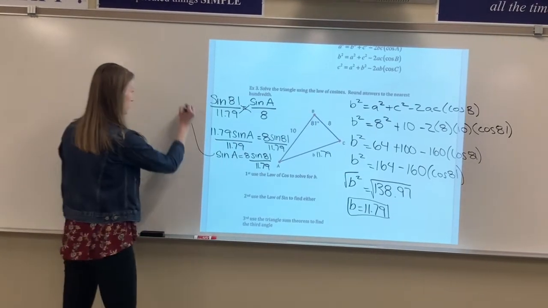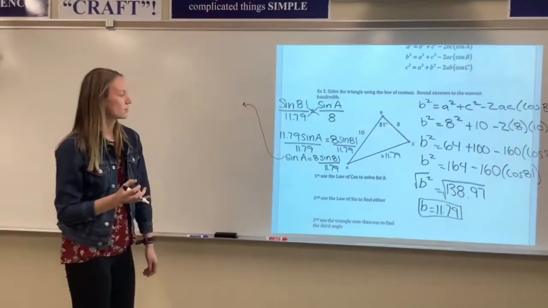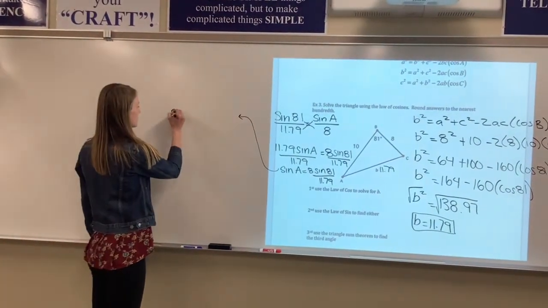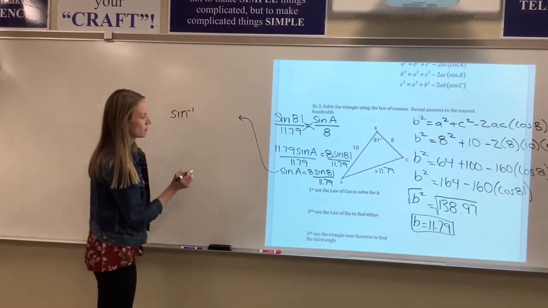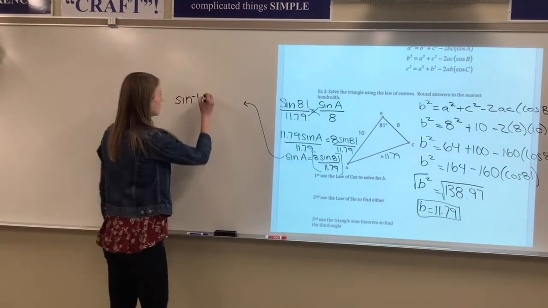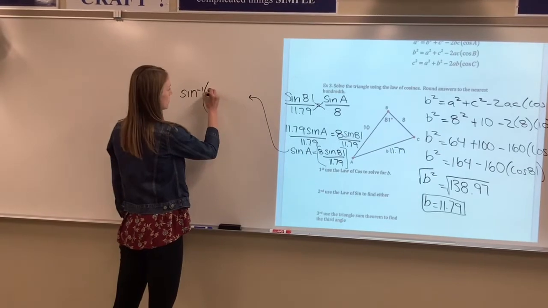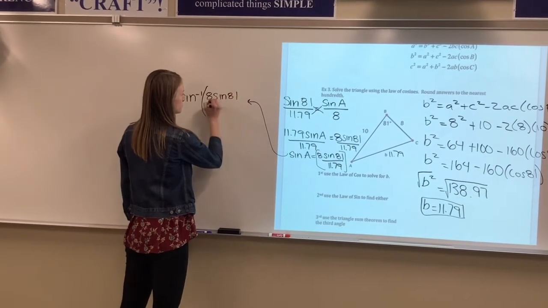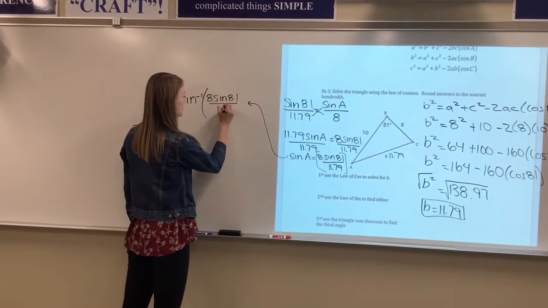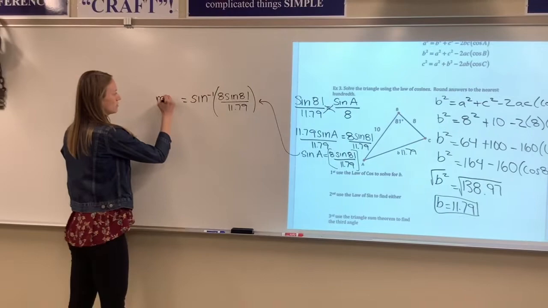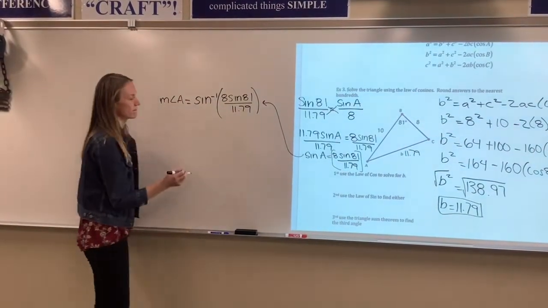I'm going to move this way to give myself a little bit more room. So since we have to find an angle, we have to use the inverse sine. So I'm going to rewrite this as sine inverse of this whole fraction that we just found, this whole ratio. So 8 times sine 81 all over 11.79. And that's going to equal the measure of angle A.